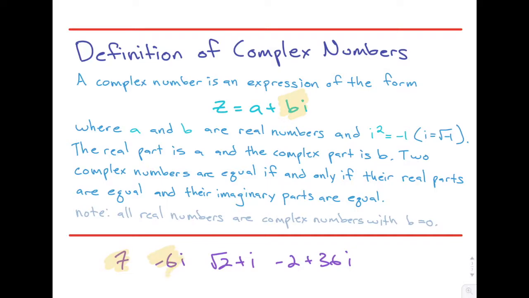In this one, a real part 0 and an imaginary part negative 6. Here we have a real part root 2 with an imaginary part 1. Here we have real part negative 2 with imaginary part 36. Numbers with real part 0 are sometimes called pure imaginary numbers.